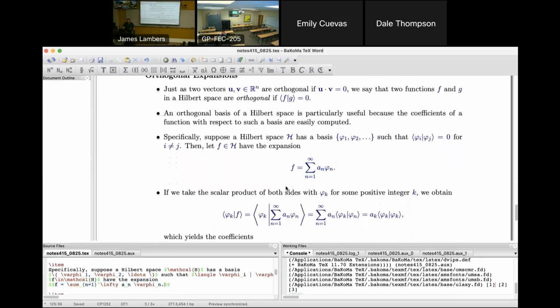So on the left side I have a scalar product of phi k with f. On the right side I have a scalar product of phi k with this whole series. But now I can use properties of the scalar product. A scalar product with a sum can be written as the sum of scalar products. a_n is a scalar, so you pull it out.